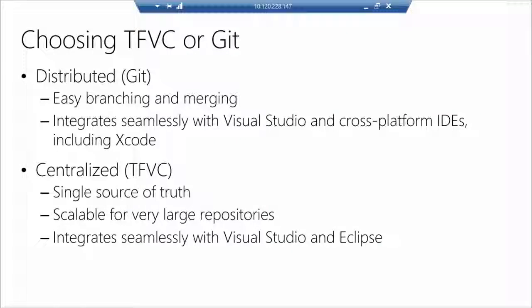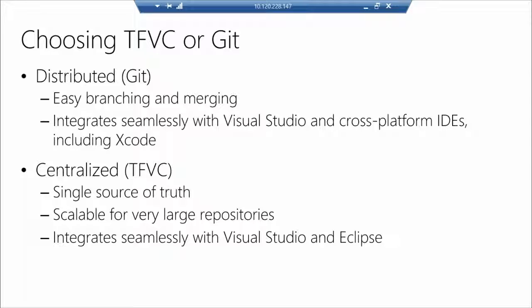In determining whether or not you should use Team Foundation version control or Git, which are two different version control paradigms, both available to you in Visual Studio Online, you need to know a few things. First, Git is a distributed version control with very easy branching and merging.